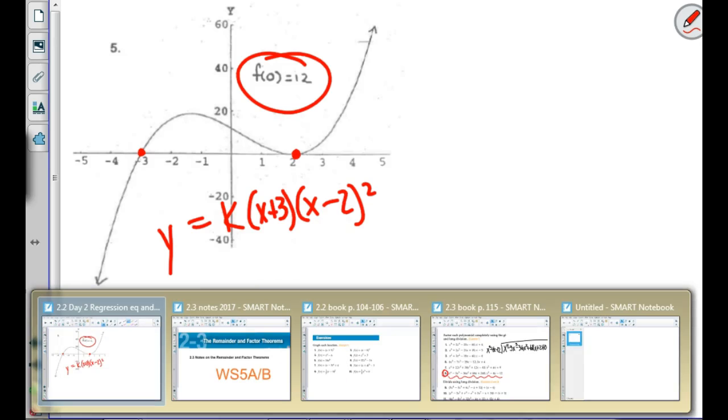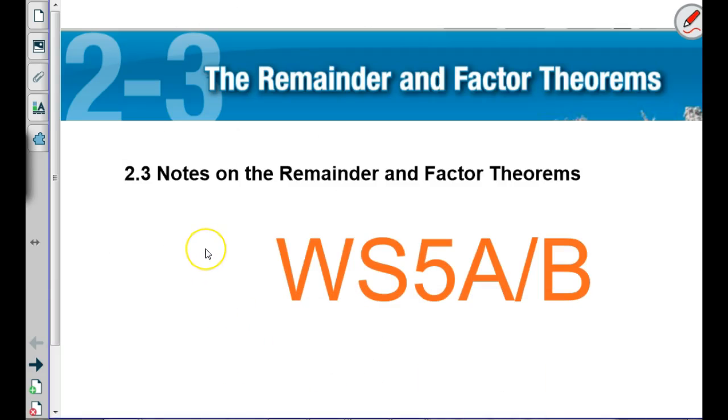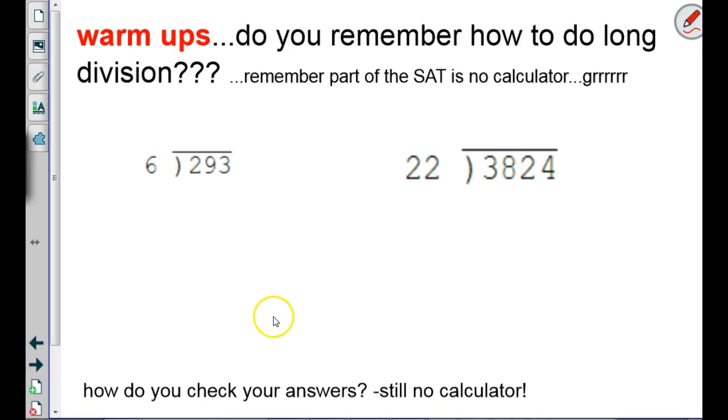All right, the next thing we're going to talk about is side A on worksheet 5. And it is your very favorite thing from last year. It is long division with polynomials.